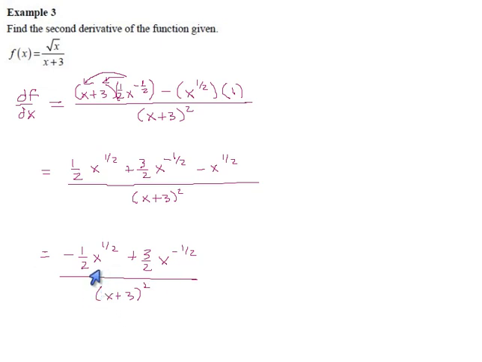The fractions are not great. I think I'm going to double the top and bottom to get those fractions out of there. So if you double the top and bottom, you get minus x to the 1/2 plus 3 x to the minus 1/2, and we end up with a 2 in the denominator, so 2 times x plus 3 all squared. I think that's about as nice as we can make that first derivative look.